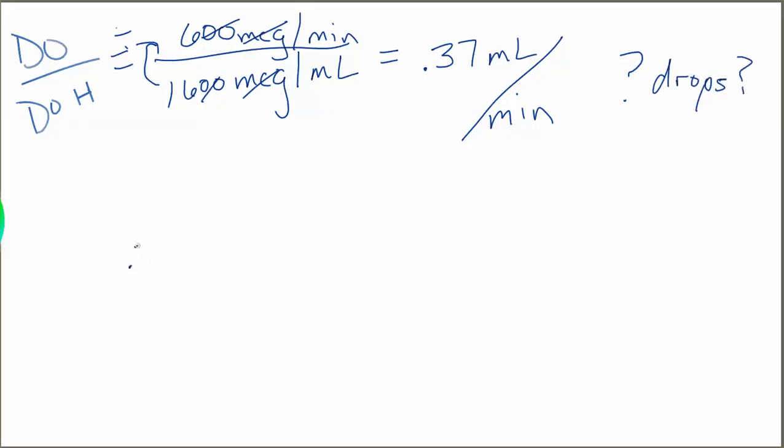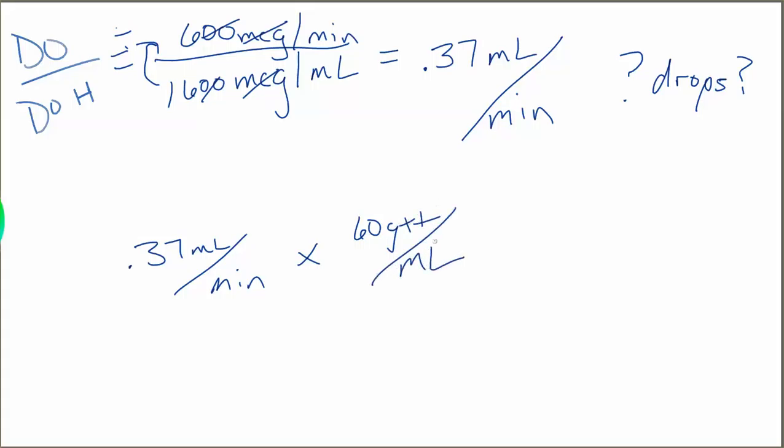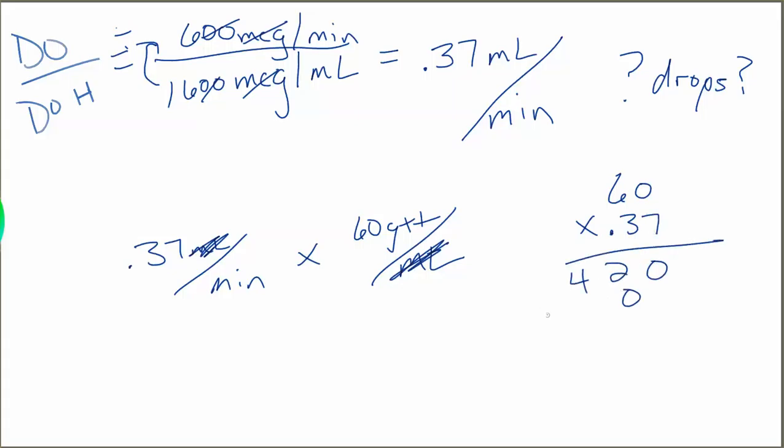So you have to take 0.37 milliliters, and remember we're doing that whole cross multiplication thing where we're doing 60 drops per minute, per milliliter. And we're going to get rid of the things we have in common, and then we're going to cross multiply. So 60 times 0.37 equals 6 times 3 is 18.